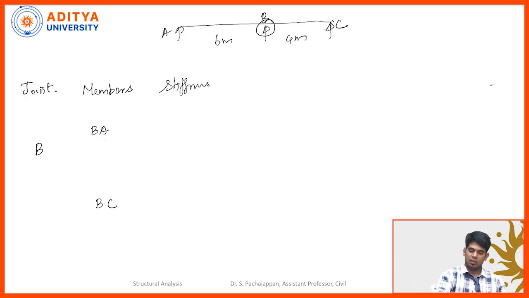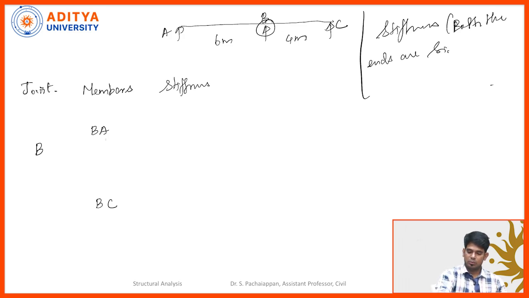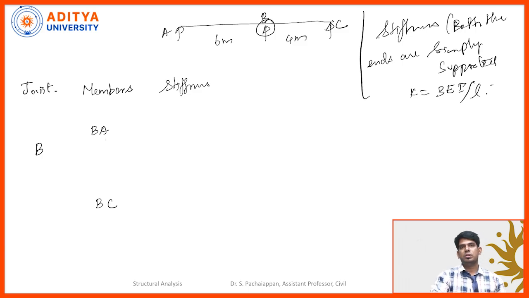So we know, for example, if both the ends are simply supported, the stiffness K is equal to 3EI by L. You observe the problem, span AB is simply supported, span BC also simply supported. So for both members I can use the stiffness 3EI by L. For the span BA the L is 6 meters, for the span BC the L is 4 meters.